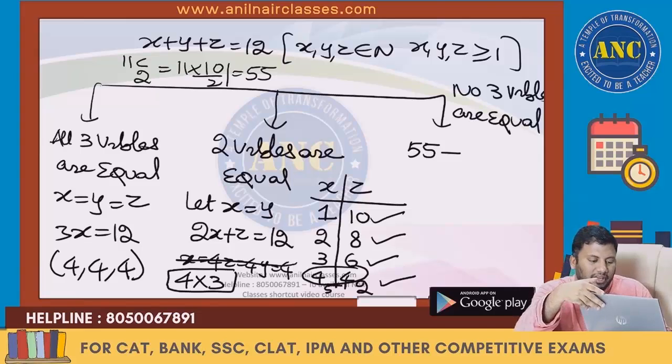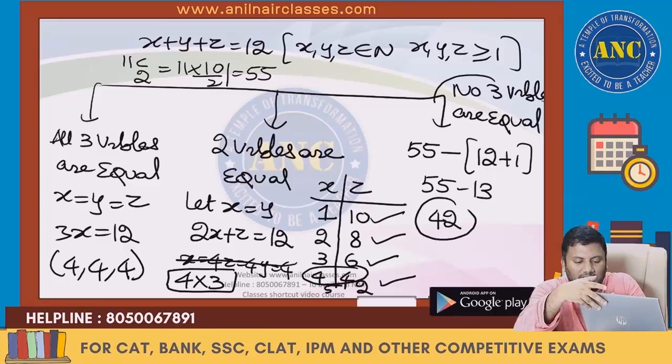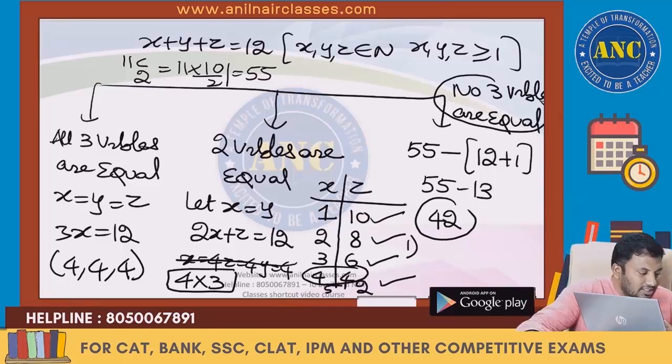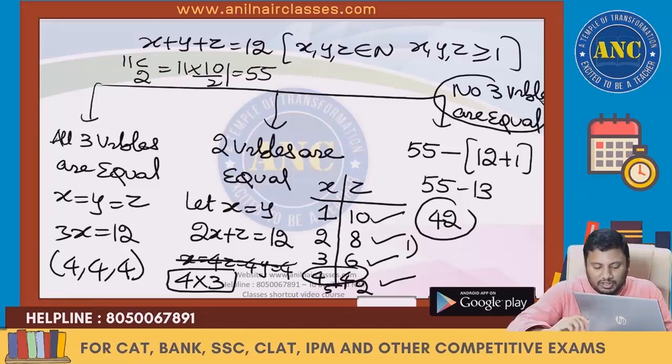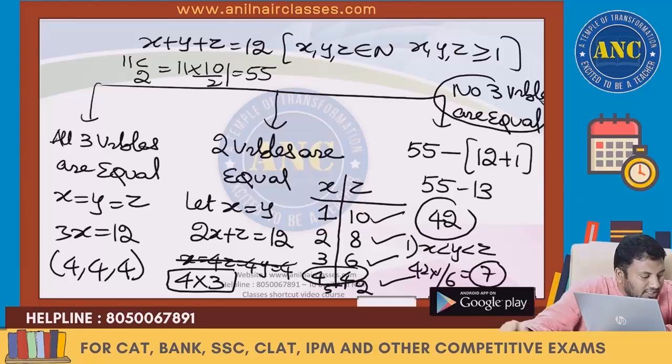If no 3 variables are equal, 55 minus of 12 plus 1. 55 minus 13 is 42. 42 cases are there when no 3 variables are equal. So if x is less than y is less than z, 42 into 1 by 6, 7 cases I will get.